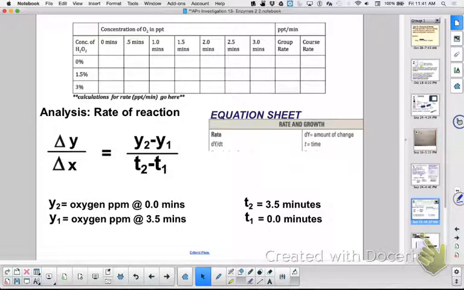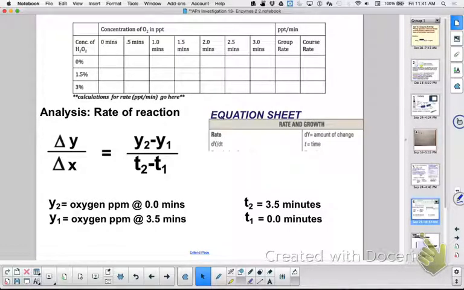Okay, now, if we're going to do a null hypothesis for this, how could we write a null hypothesis for this? The concentration of the hydrogen peroxide does not affect the amount of oxygen produced. Okay?